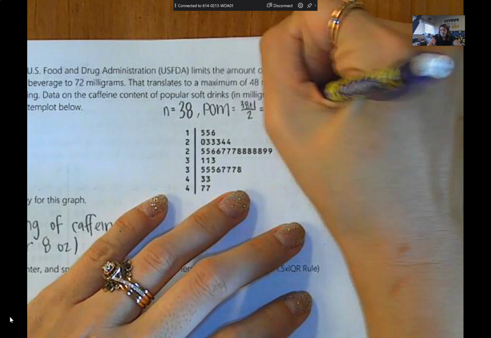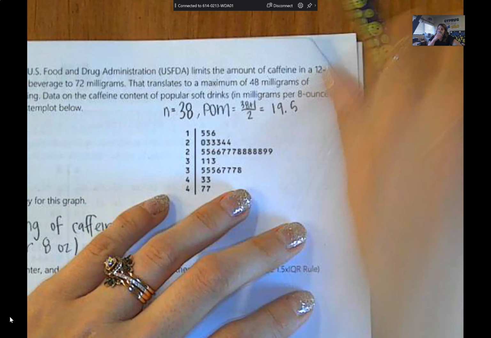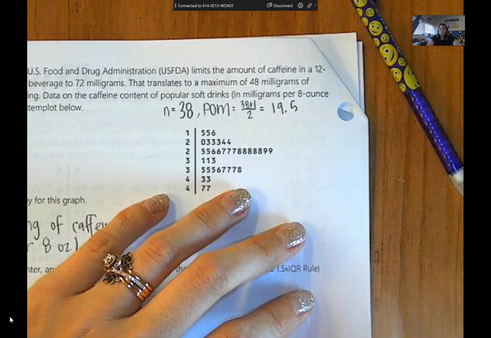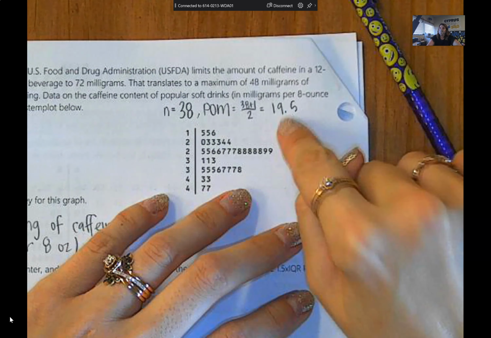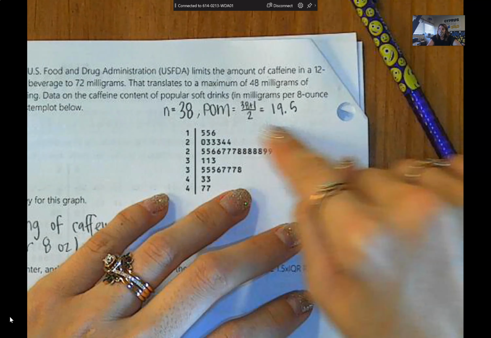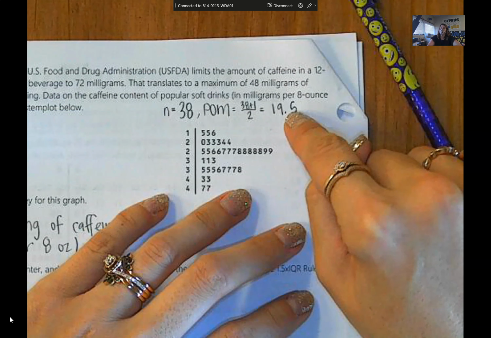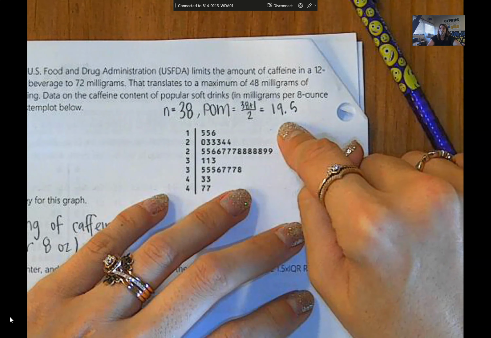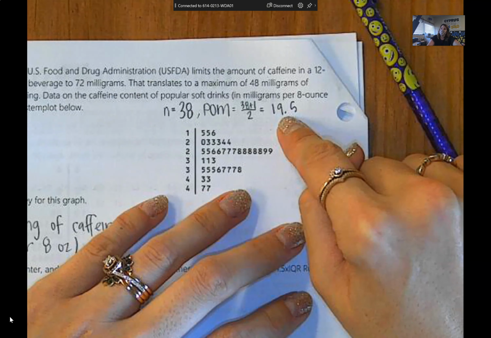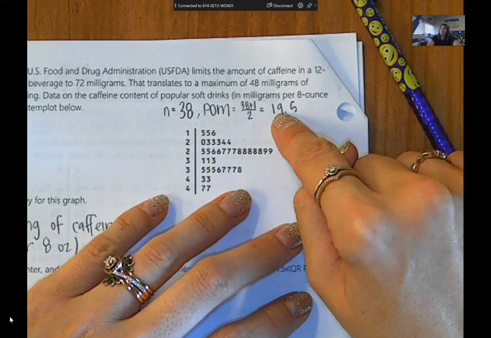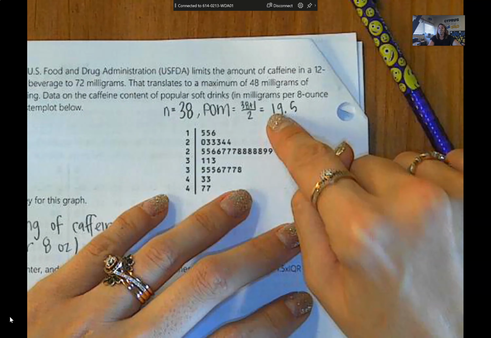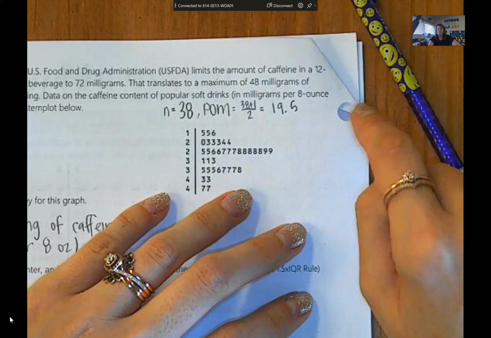Okay, so first thing, because I did see this on some of your quizzes, this is not the median. This is not the value of your median. This is the location, or the position, of your median. And what this is telling you is that your median is between the 19th and the 20th observation.